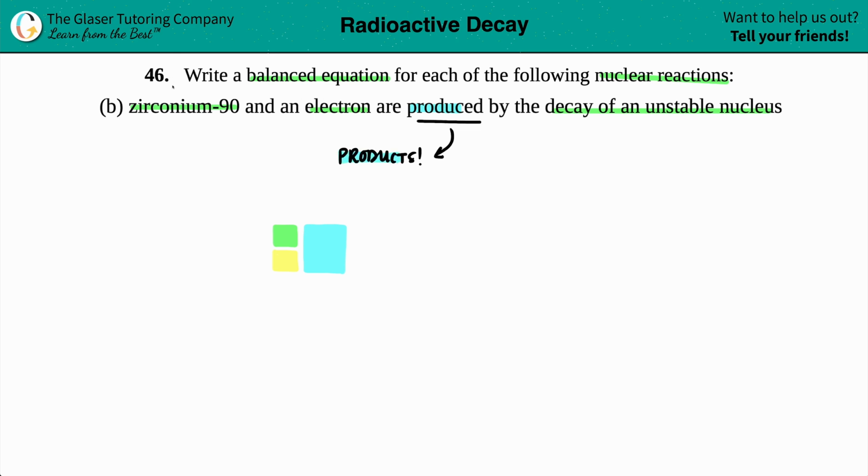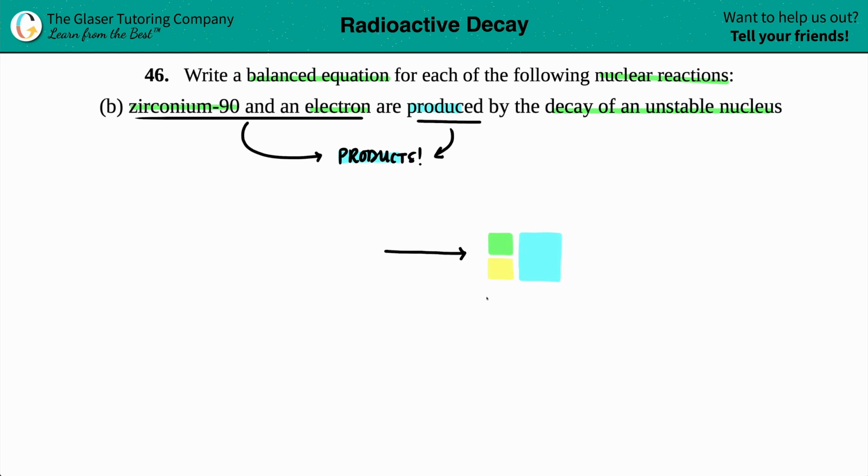So since zirconium-90 and an electron are produced, both of these are in the products. So we're going to start now with our nuclide notation on the product side. So let's just draw an arrow. And they give us the two products.